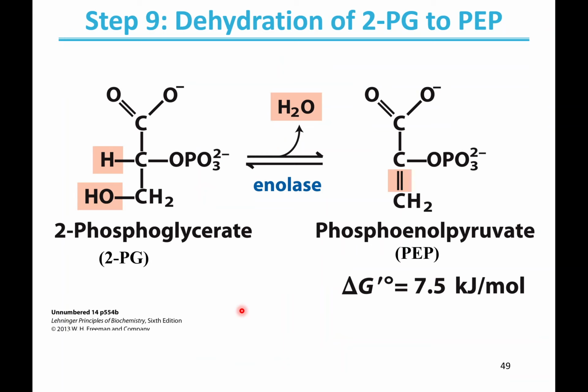Okay. Step 9. So step 9, you have 2-phosphoglycerate, and you're producing a molecule known as phosphoenol pyruvate, or PEP. Okay, so you kind of hear PEP being the abbreviation for phosphoenol pyruvate. Okay, and this reaction is catalyzed by an enzyme known as enolase.